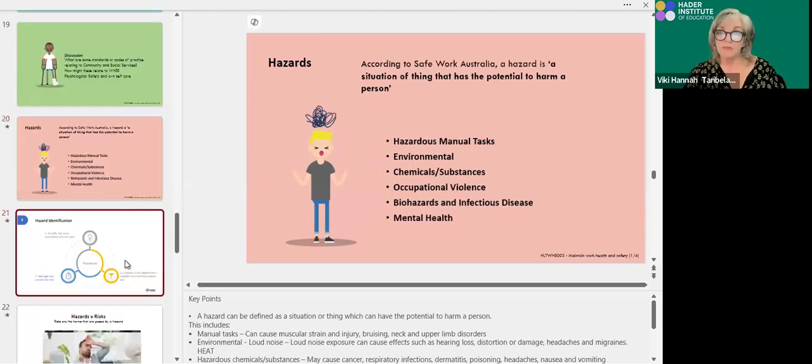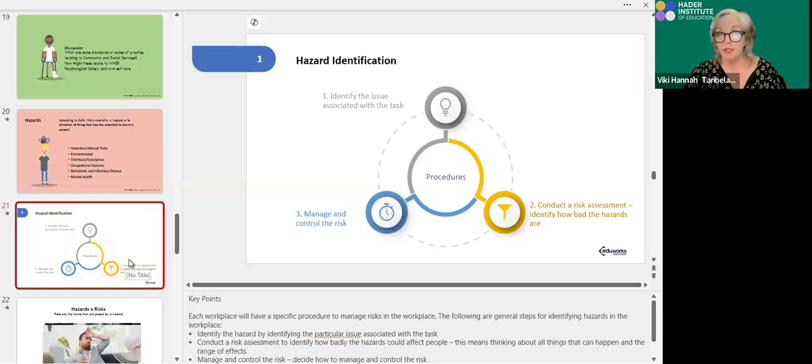So how do we identify the hazards? I've raised it can be change in legislation, but it can be something that we see, something that we do. We'll do a risk assessment. Does that have the potential for harm, no matter what area that you identify as the hazard or potential hazard? What's the risk? And then our role, often around procedures, is how do we manage and control the risk?